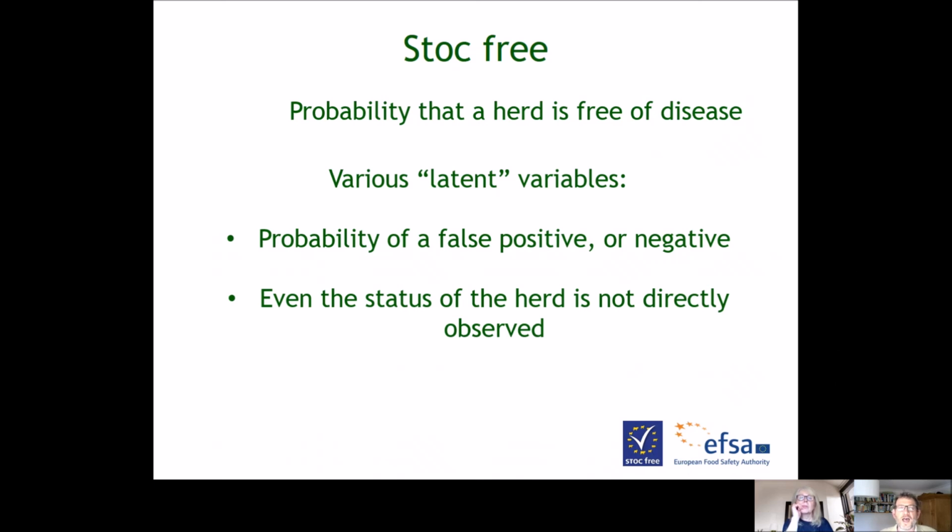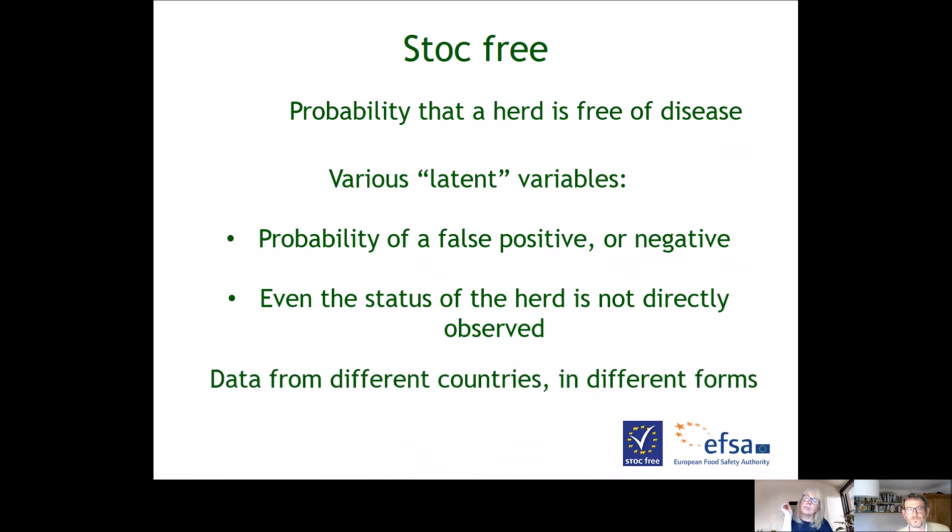So I hope that you can see that for Stock-free, having the flexibility to have these latent variables means that really, without showing you the maths, not only is the Bayesian approach useful, it was necessary. And finally, another advantage of the Bayesian approach to the Stock-free project is that the project is across the whole of Europe, and in different countries, we're collecting data in different ways.